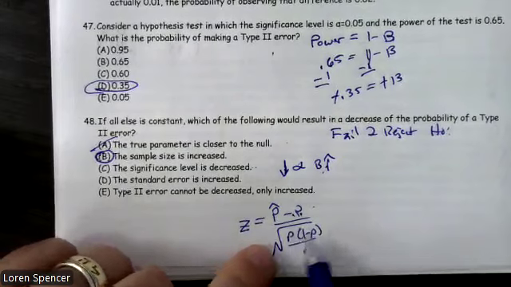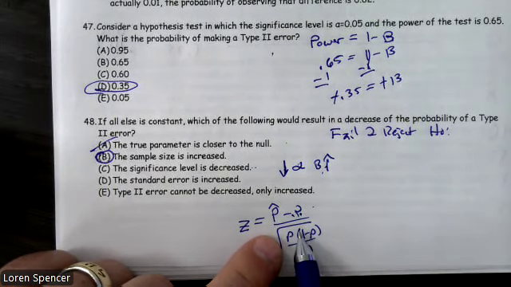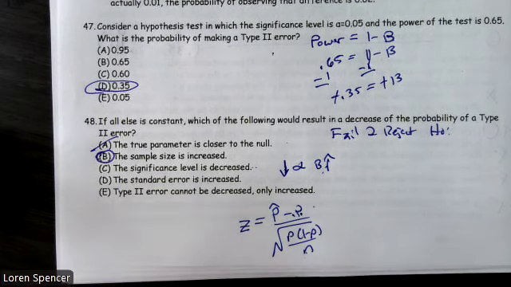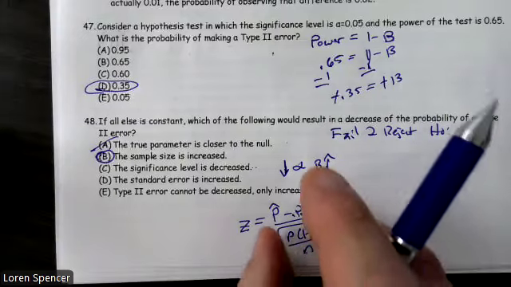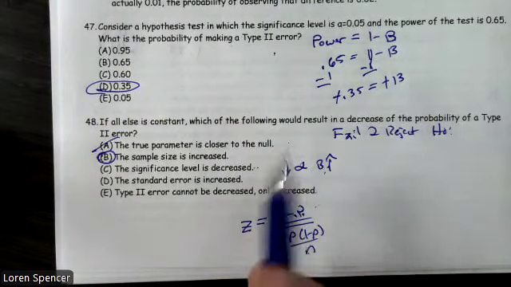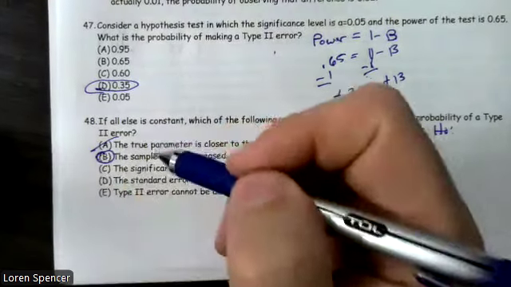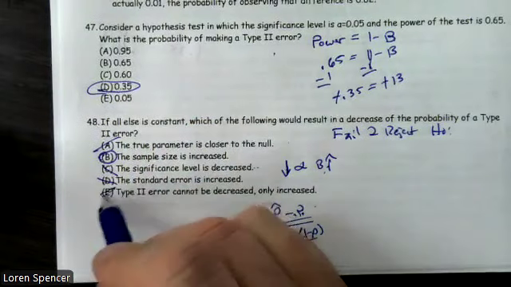This is the standard error right here. If that gets increased, then I'm dividing by a bigger number, which makes this smaller, makes my Z smaller. And then, of course, that's just false.